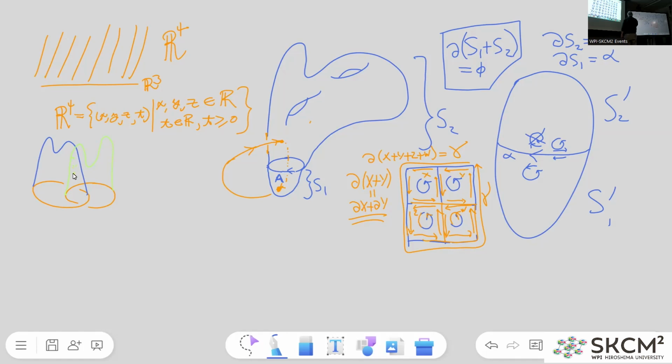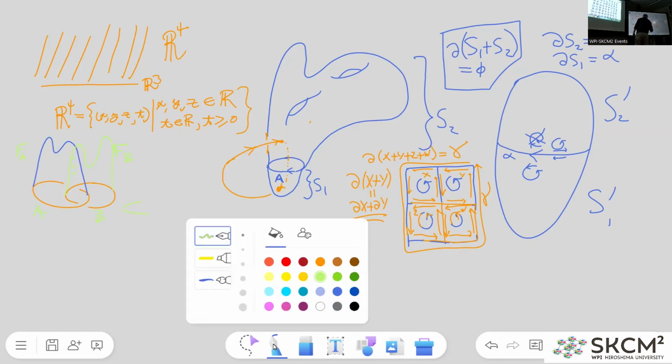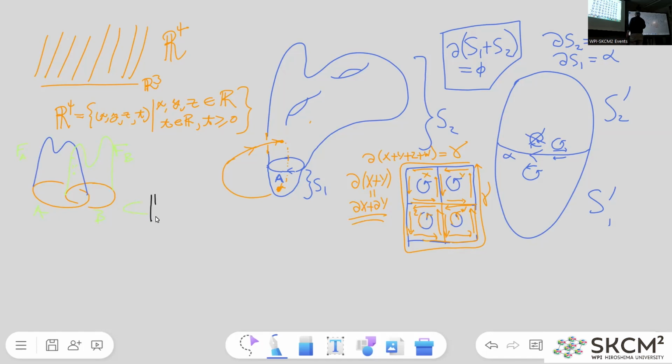So you have a surface FA and another surface FB for the curves A and B, and A and B are sitting inside of R3, and FA and FB are surfaces that are sitting inside of R4 plus, upper 4 space.